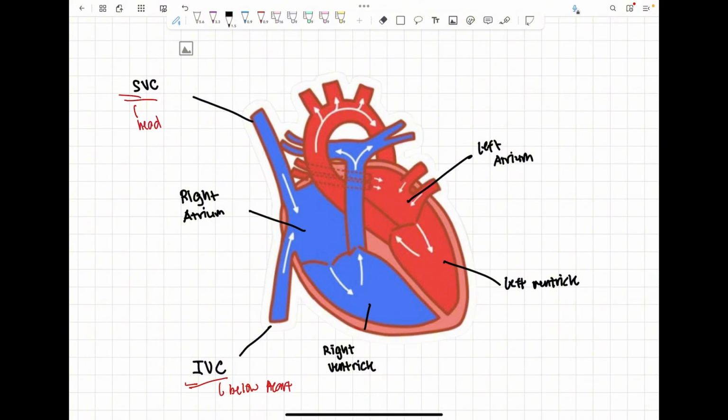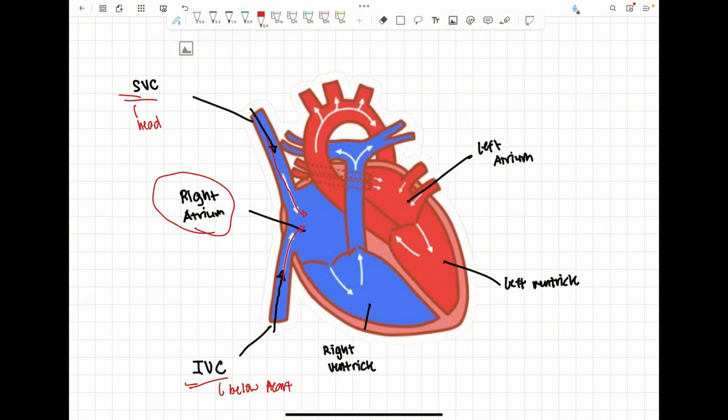So it passes through veins and then goes into your vena cavas. So your vena cavas are like your gate going to the heart. Both of these vena cavas go into the same place, the same entrance, which is your right atrium.